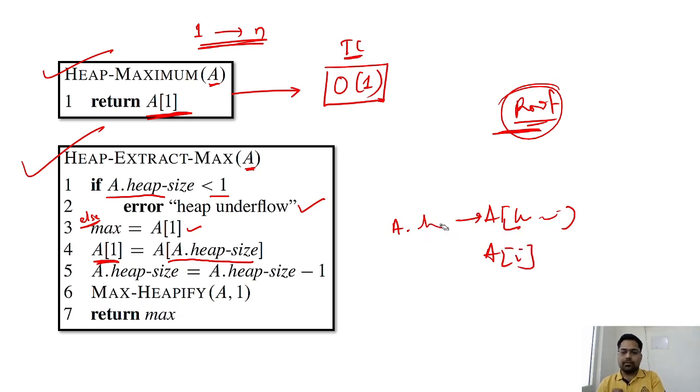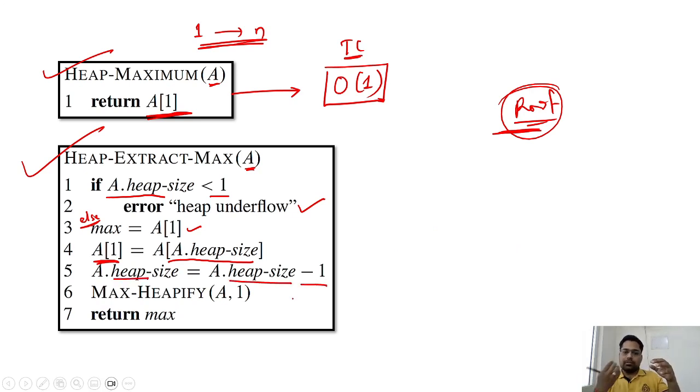Dot represents that only. So we just shifted that value to the first one. Next we have to remove that element, because the last element we can remove. How we can remove the last element is by switching, as we have already studied in the heap sort. Whenever we're doing the heap sort, the last element will be the first element. We have done the exchange.